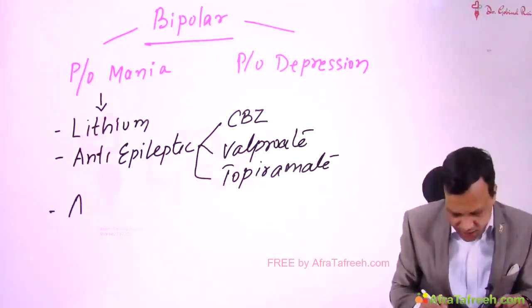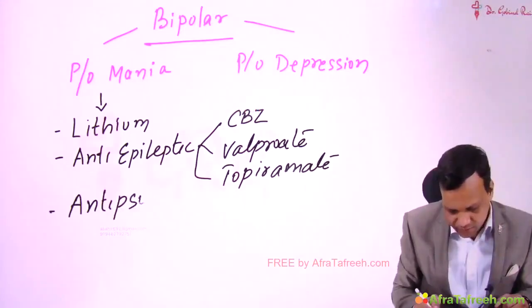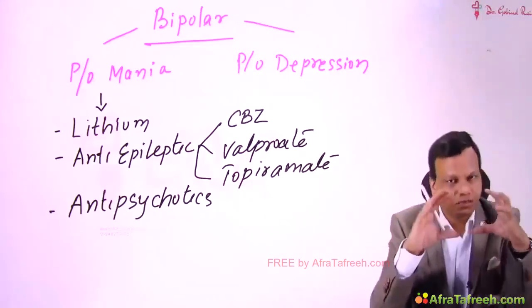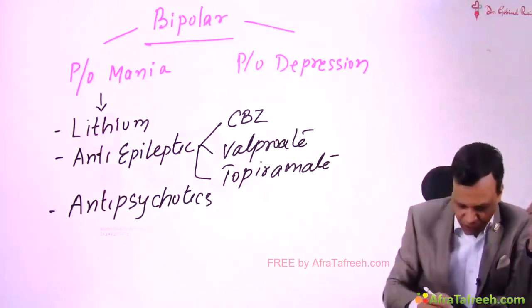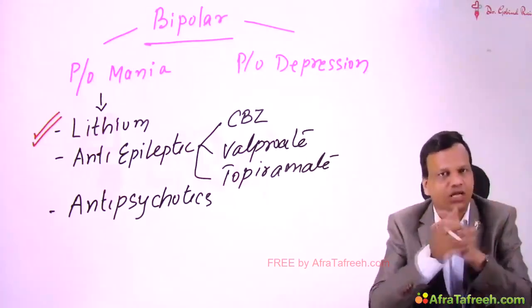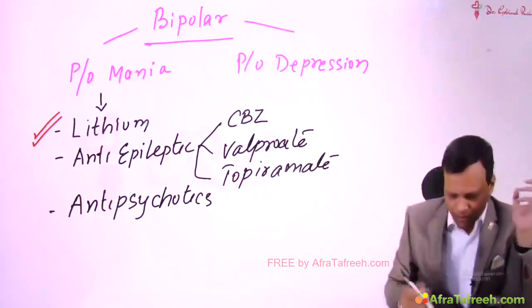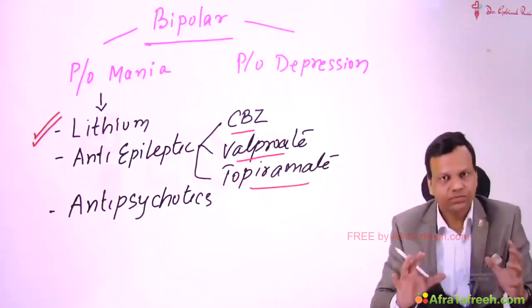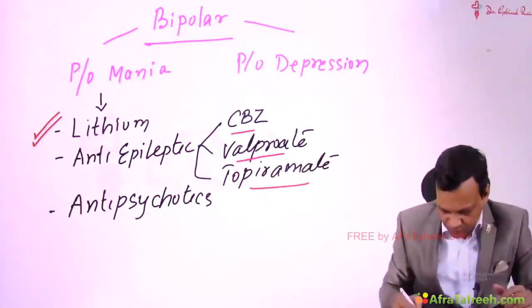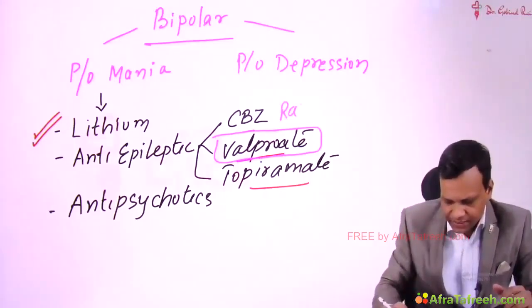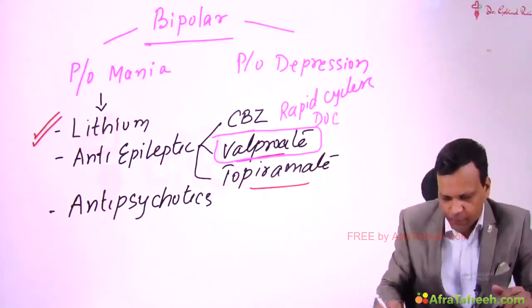Another group of drugs are antipsychotic drugs. Now, what is important is that the drug of choice for prophylaxis of mania, or simply the drug of choice for bipolar disorder, is lithium. Carbamazepine, valproate or topiramate can be used. But a special point about valproate to remember: it is the drug of choice for rapid cyclers.